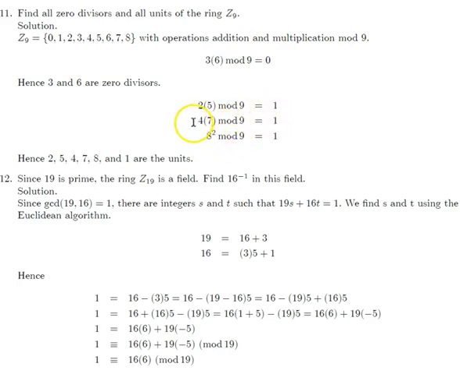And the units are all other non-zero numbers in Z9. 2 times 5 is 1 in this ring, 4 times 7 is 1 in this ring, and 8 squared is 1 in this ring, which means that the multiplicative inverse of 2 is 5, the multiplicative inverse of 5 is 2, similarly 7 and 4 are multiplicative inverses of each other, and the multiplicative inverse of 8 is 8.